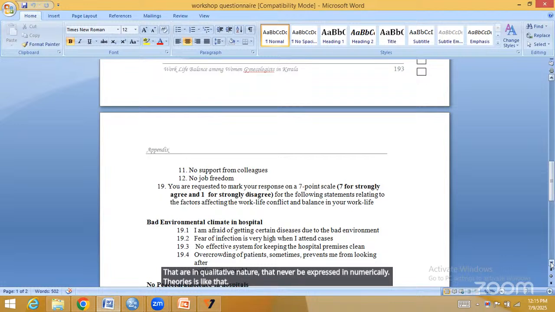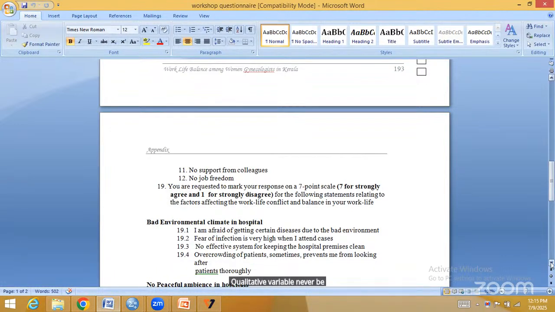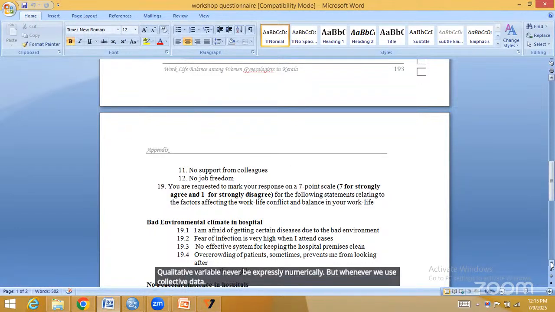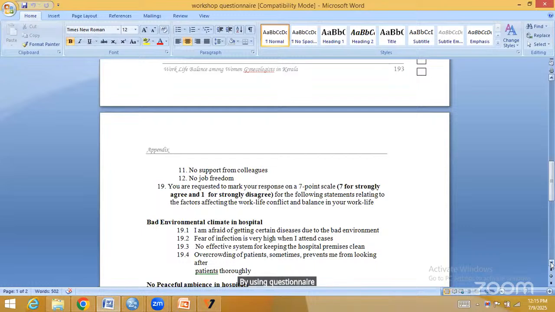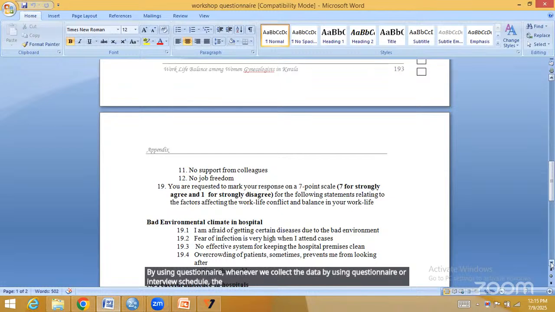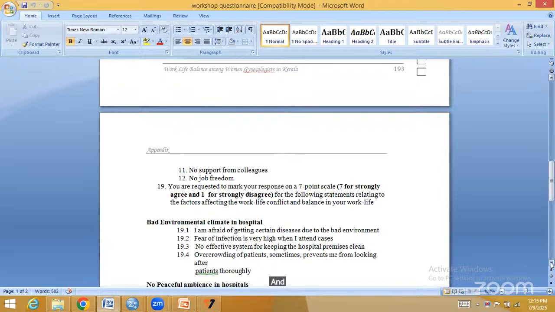But whenever we collect data by using a questionnaire or interview schedule, the qualitative variable must be expressed numerically, and for that purpose, interval scale is used.